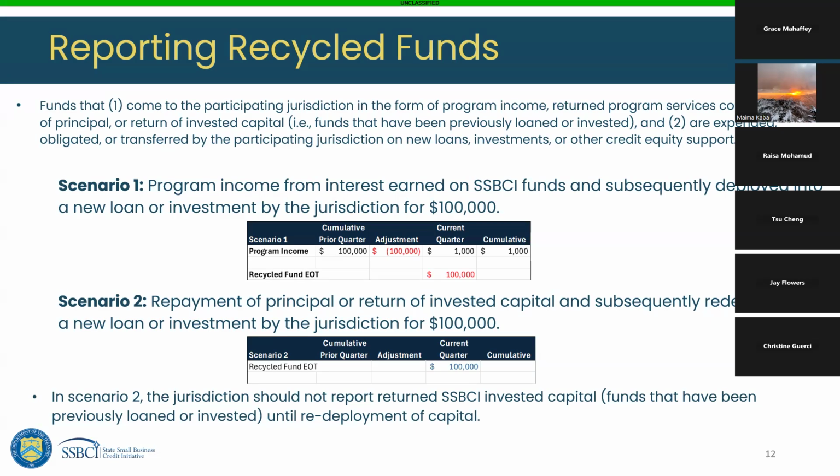It's important to note that in scenario two, if the jurisdiction received the repayment of principal or return of invested capital, but the money was not redeployed into new loans or investments, it would not be reported anywhere on the quarterly report. It will only be reported once it has been redeployed. So that's the key distinction. You hold on to the investment until it gets redeployed. Okay, moving to the next slide.